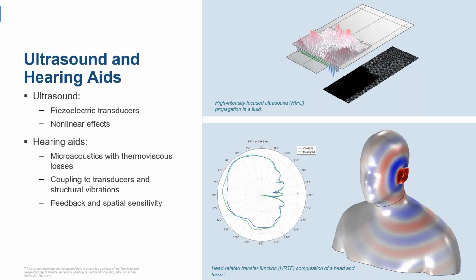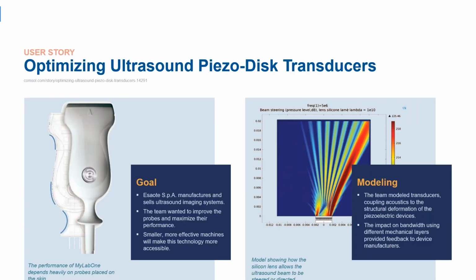This isn't a problem when your speakers are really big, but when they're very small, these small thermal gradients can make a big difference in the quality of the sound. And so they were looking for a product that could handle both acoustics and heat transfer. COMSOL was a solution. Anyway, that's one example that you'll see more of a little bit later on. We also have couplings to transducers and structural vibrations, as well as feedback and spatial sensitivity.